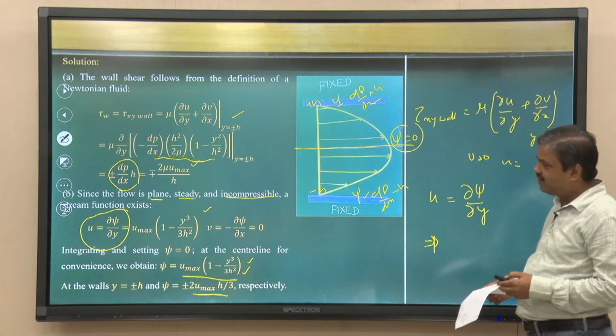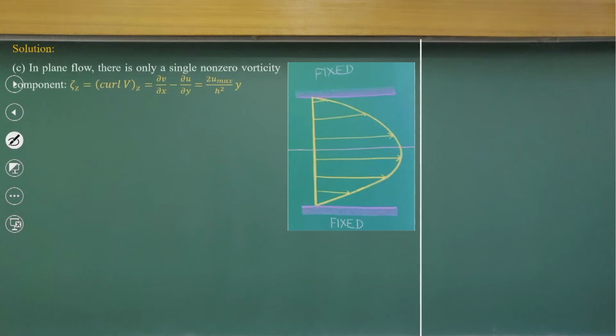In the same way, I look at the vorticity in the x-y plane. So, you are looking at the vorticity which is perpendicular to this plane. Going back to fluid kinematics, we are looking for curl v in the z direction.